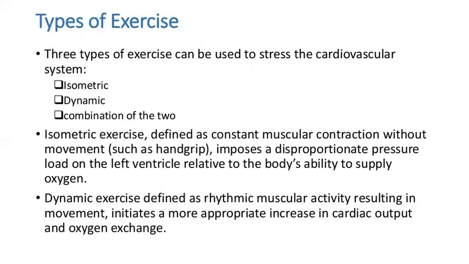Types of exercise. There are 3 types of exercise which can be used to stress the cardiovascular system. They include isometric, dynamic, and a combination of the 2. Isometric exercise, defined as constant muscular contraction without movement, such as hand grip, imposes a disproportionate pressure load on the left ventricle relative to the body's ability to support oxygen.